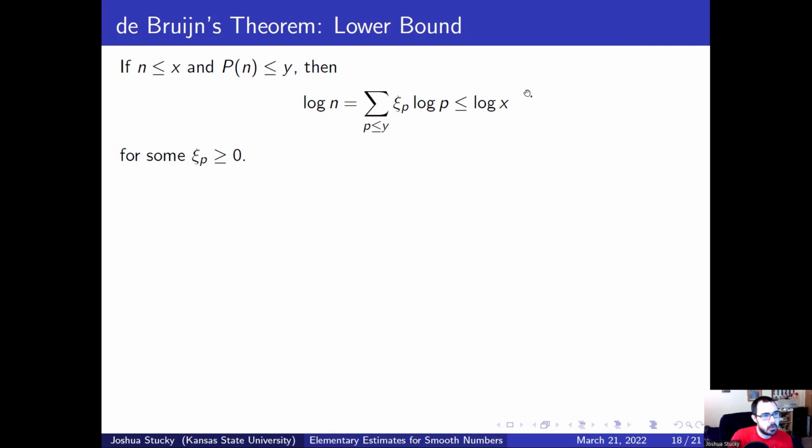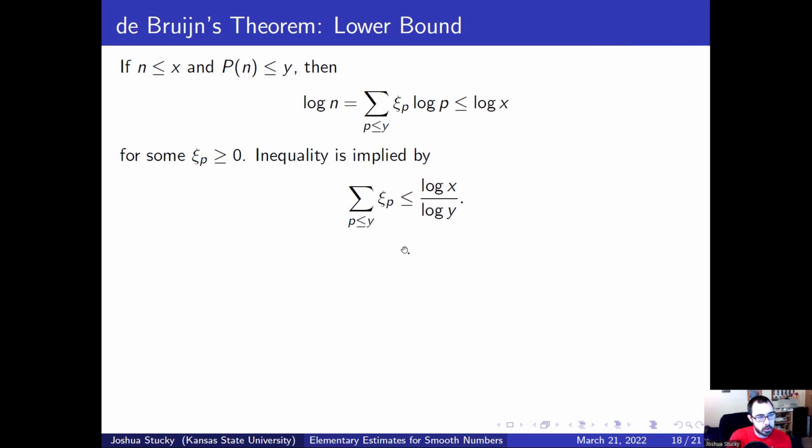So certainly this is true, and it's bounded by log x. For this equation, I just need to count the solutions. Well, I can more easily count a subset of the solutions, namely those given when this inequality is true. If I just take log p to be the maximum of what it can be, log y, divided over, this inequality implies this inequality. So the solutions to this are a subset of the solutions to this.